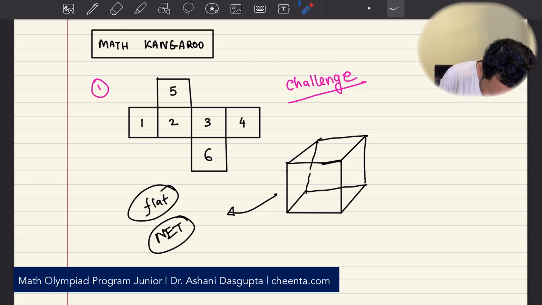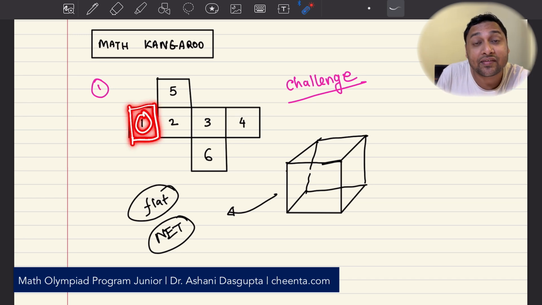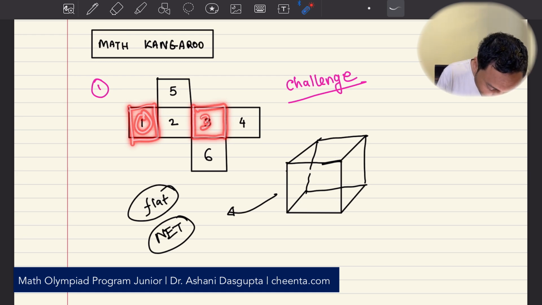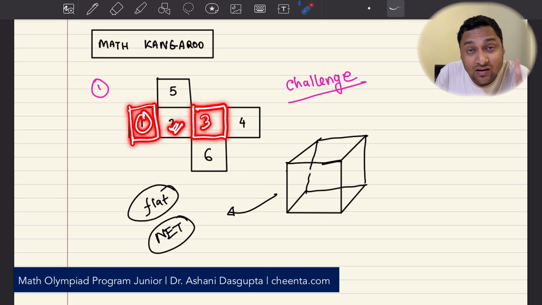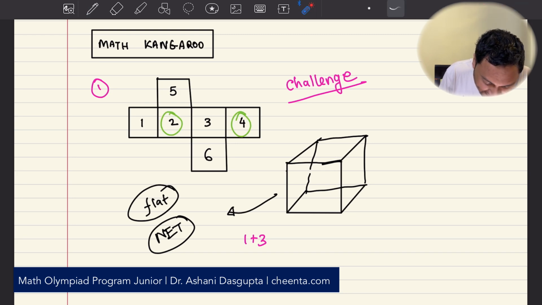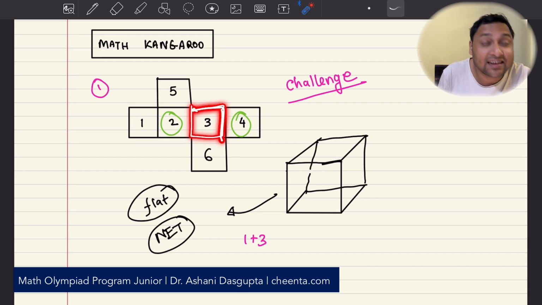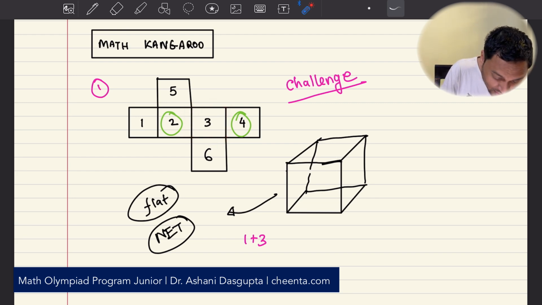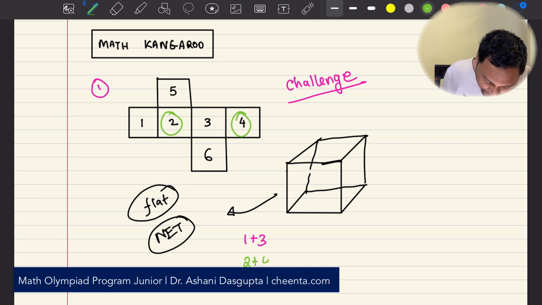For example, let's look at the square 1. Which is the other square that is one square apart? Well, it's 3, right? Just one square is coming between 1 and 3. So these two must be opposites. So 1 plus 3, that's one pair. Similarly, we have 2 and 4, because exactly one square is coming between them. And clearly, 5 and 6 would be the other pair.